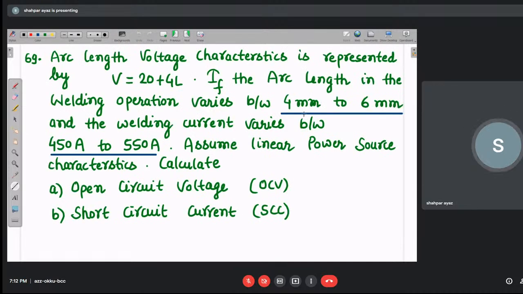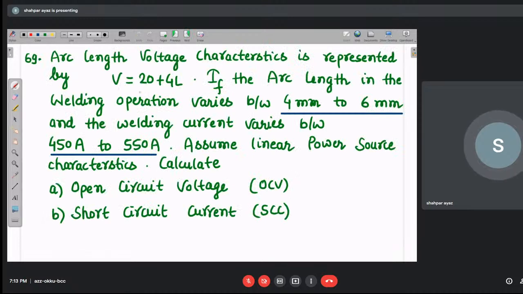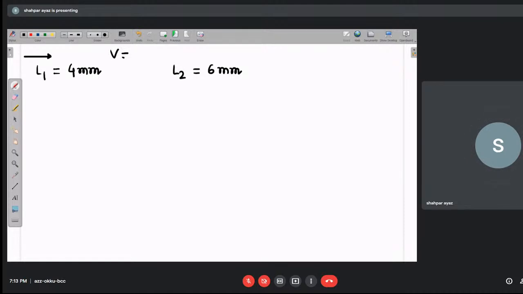Guys, arc length varies from 4 mm to 6 mm. So suppose L1 is your 4 mm and L2 is your 6 mm. We have the arc length voltage characteristic V equals 20 plus 4L. So V1 is 20 plus 4 into 4.